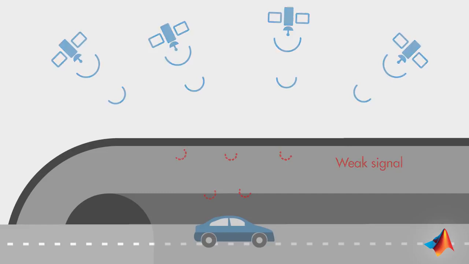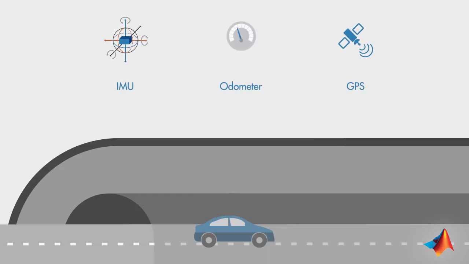In this case, you may want to trust the IMU readings, which give you the acceleration. However, acceleration itself doesn't tell you much about the car's position. For that, you need to take the double integral of the acceleration. Unfortunately, this operation is prone to drift due to small errors accumulating over time.